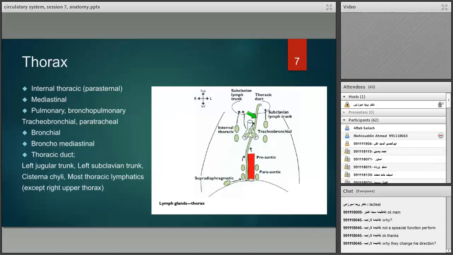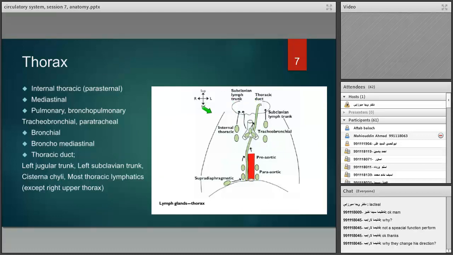I don't know why, because at the end, the thoracic duct wants to drain its lymph into the venous system. So it will go to the left side, behind the esophagus and the apex of the left lung, and enter the neck.